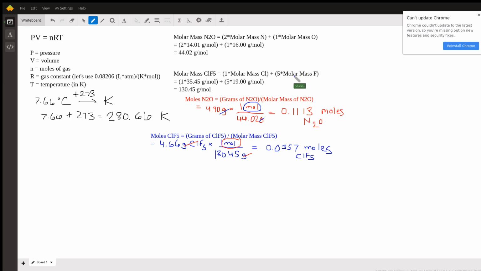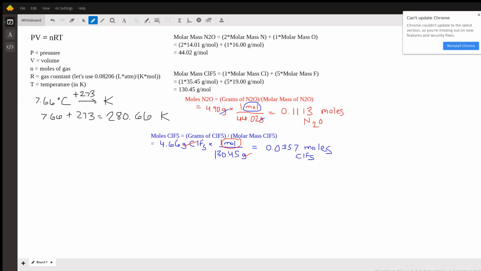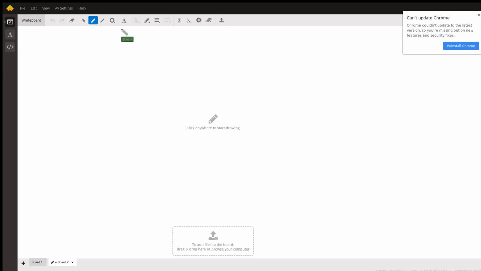All right, so we calculated the moles of each gas, and we also have the temperature. Let's first calculate the mole fraction of each gas. From our previous work, we had 0.1113 moles of N2O and 0.0357 moles of ClF5.